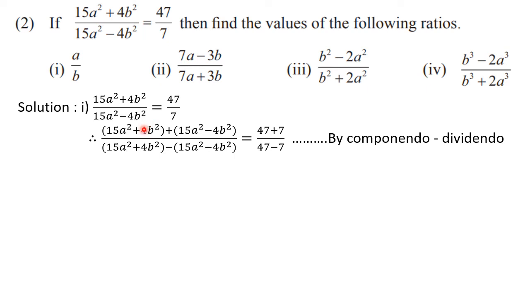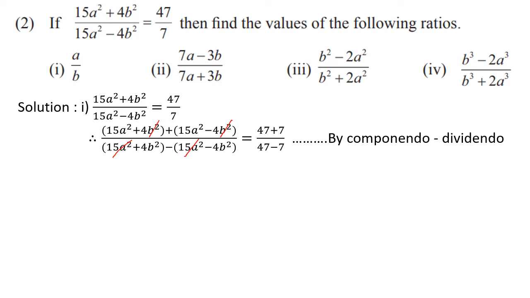And this plus 4b² and minus 4b², you can cancel it. Okay, see like this, you can draw a cut. Their signs are opposite, so they are cancelled. Similarly, in the denominator, plus 15a² and minus 15a² is cancelled.